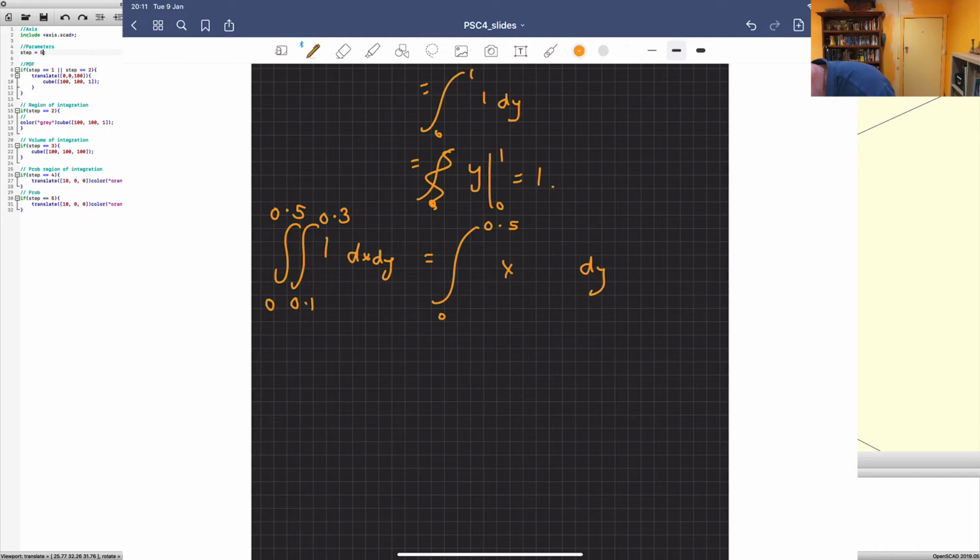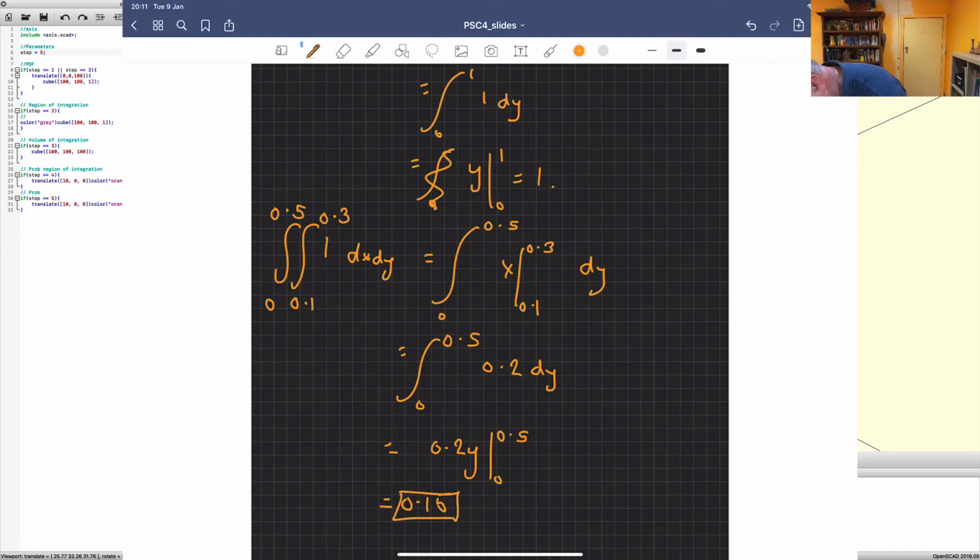And the inner one, x goes from 0.1 to 0.3. So that's the integral from 0 to 0.5 of 0.2 dy, which is now 0.2y from 0 to 0.5, which is 0.15. So that volume is 0.15.